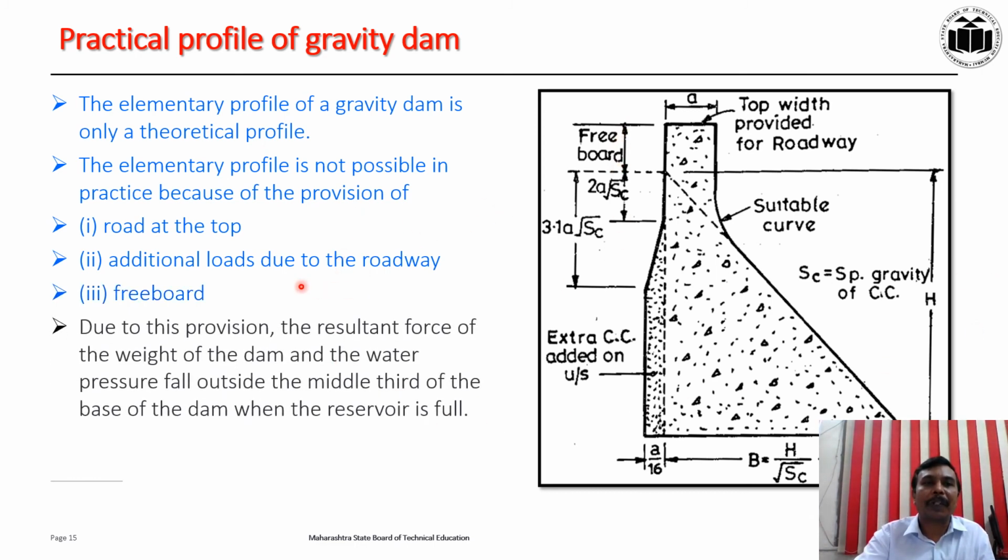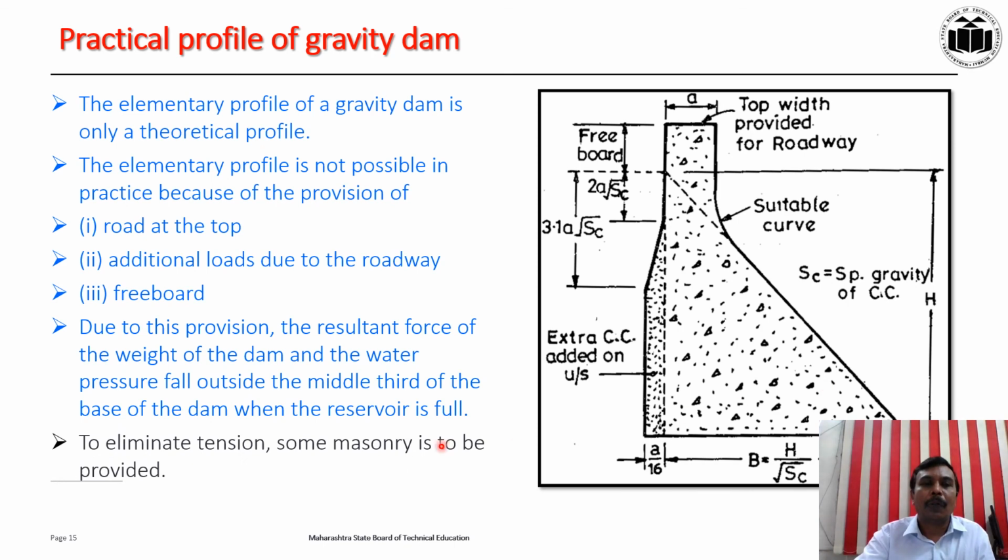Due to all these provisions, road, additional load due to the shape, and freeboard, the resultant of the weight of the dam and the water pressure falls outside the middle third of the base of the dam when the reservoir is full. To eliminate tension, some masonry has to be provided. See, due to this particular shape, this resultant goes outside the middle third, and to maintain the stability condition, you have to provide this additional masonry to eliminate the tension.